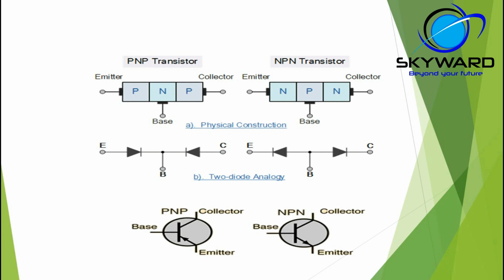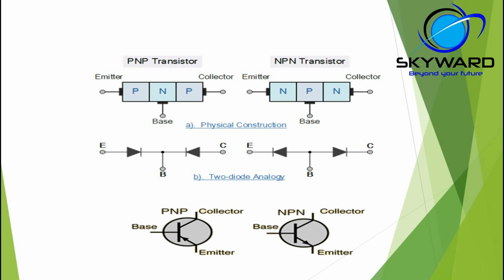Another rule you need to remember: in PNP the negative side is at the base, so it will trigger on negative voltage, meaning ground. Until the base gets ground or negative voltage, it will not connect the collector and emitter. If the PNP transistor base gets negative voltage, then the collector and emitter get shorted, and whatever voltage is at the collector comes to the emitter, or else it will not come.